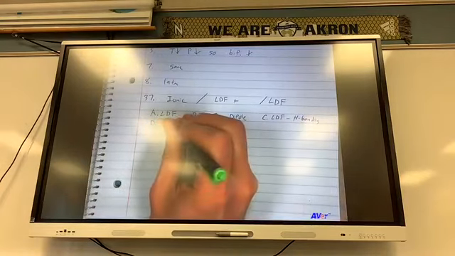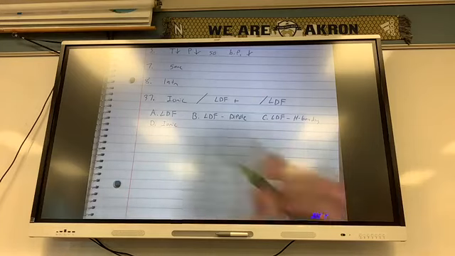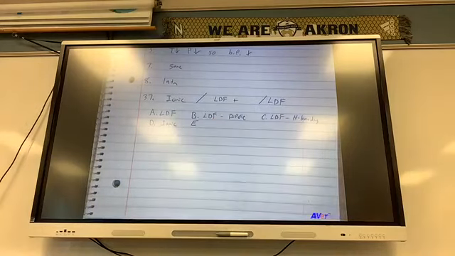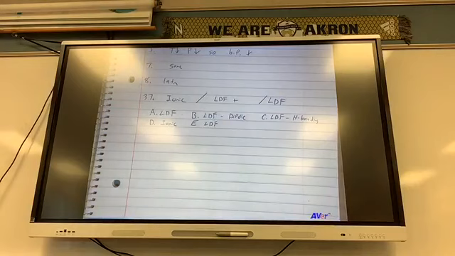D is ionic. This is asking for intermolecular forces, and is ionic really a type of intermolecular force? No. So once it's ionic, we're out of that area. E, CH4, has LDF. There is no dipole there.